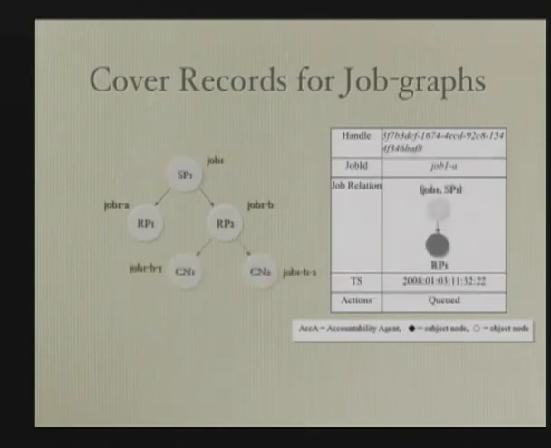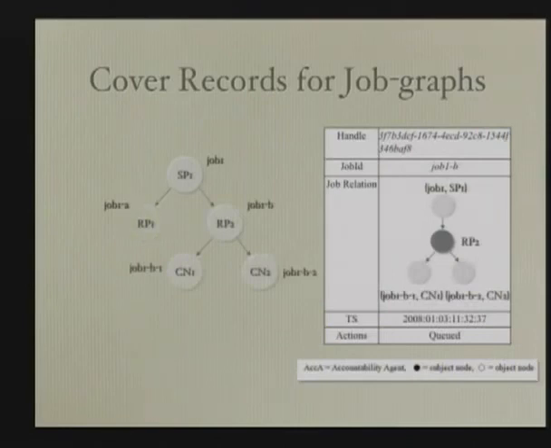In the case of RP1, it doesn't care about any other jobs. It only cares about the direct successor job and the predecessor job. So in this case, job 1A comes from job 1 and SP1, or something like that. Next, in the case of RP2, the agent only takes care of job 1B.